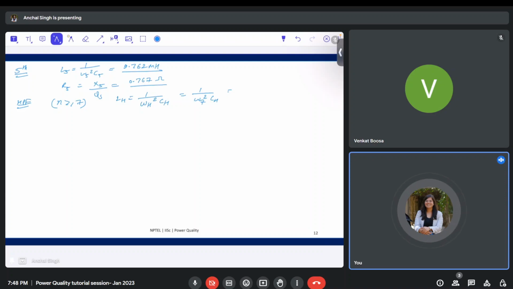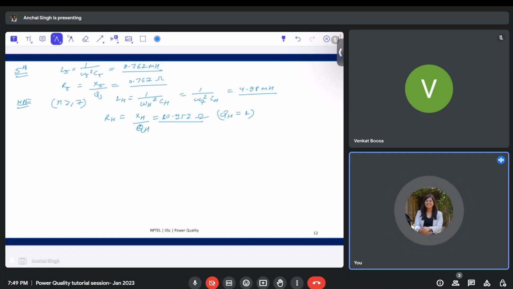So this will give LH as 4.98 millihenry. Similarly, we can calculate the value of RH as XH by QH, and QH for high pass damped filter is in the range of 0.5 to 2. So we are taking 1 in our particular case. This value will come out to be 10.952 ohms.